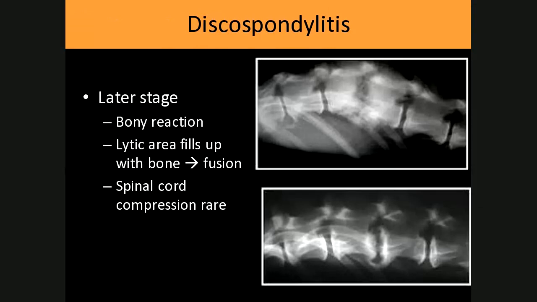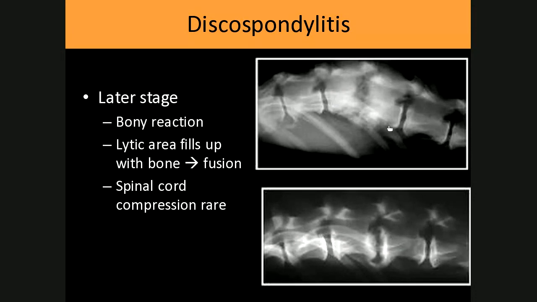So in the later stage of chronic discospondylitis, one can see bony reaction, and the lytic areas start filling up with new bone, and this results in fusion of the vertebrae. Spinal compression is quite rare, so typically discospondylitis is a disease of spinal pain without neurological signs, and neurological signs are quite uncommon.